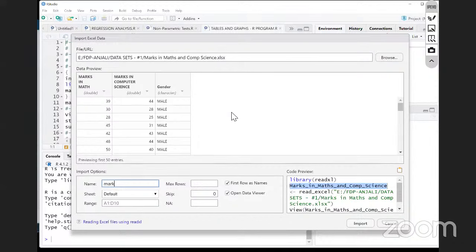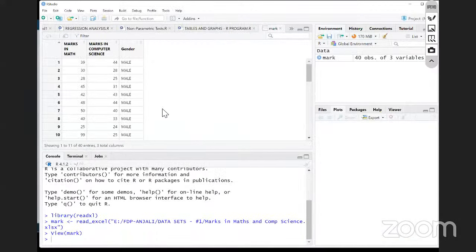And that's the data we have. We have the student data of marks in maths and computer science, and we have the gender of the students, whether they are the male students or the female students.